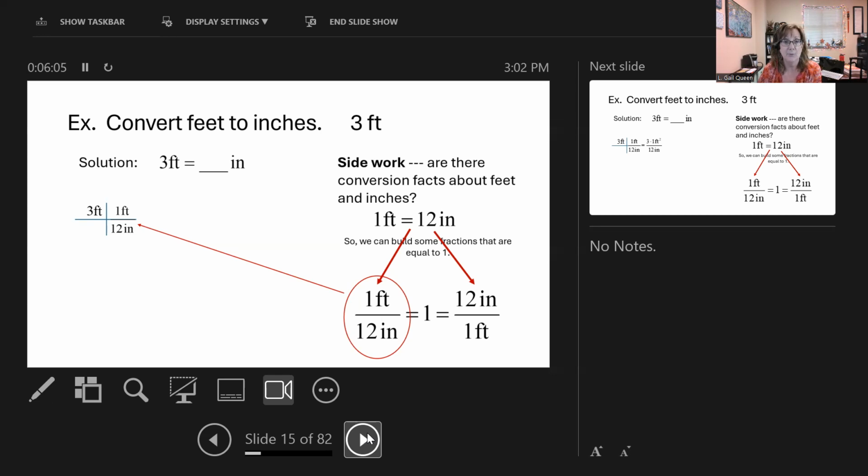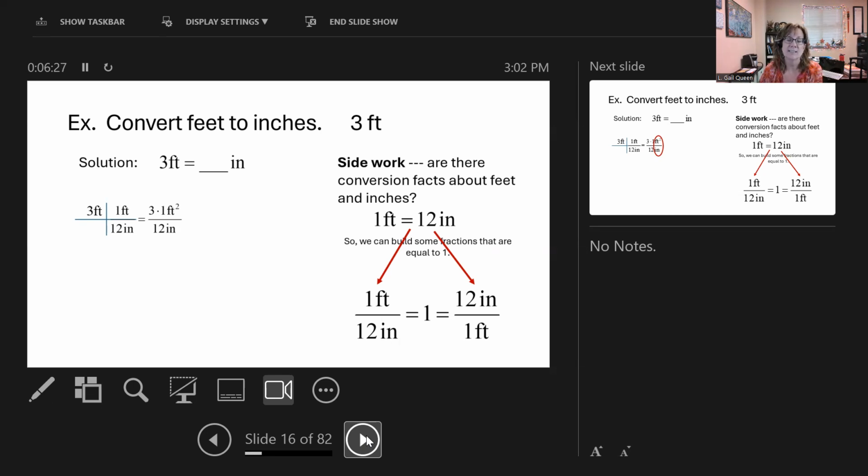If we continue with this, what's going to happen if I multiply straight across the top and straight across the bottom? If I multiply straight across the top, I'm going to get 3 feet times 1 foot, which means I'll have 3 times 1 feet squared on the top. And when you multiply across the bottom, the only thing on the bottom is 12 inches.